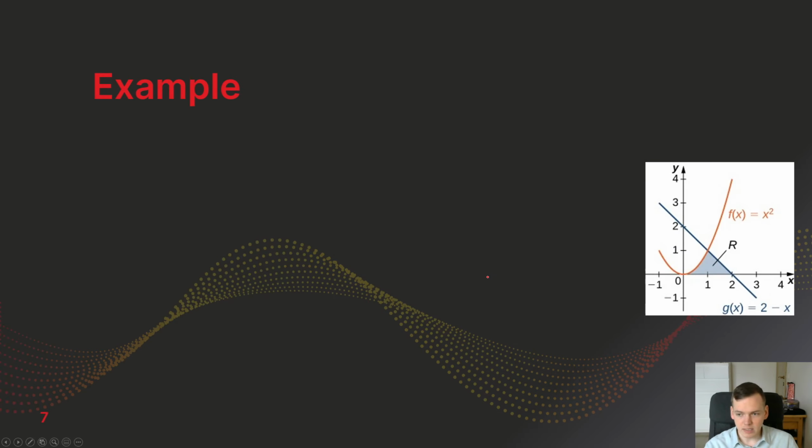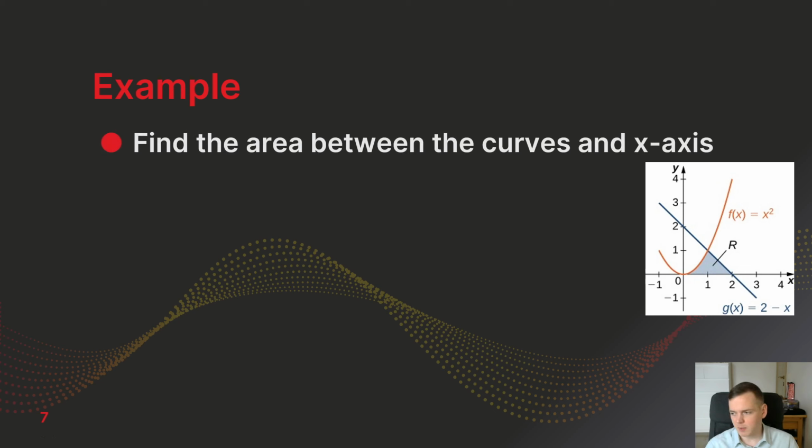So let's look at an example for this. Find the area between these curves and the x-axis. If we want to integrate with respect to y, that means we're going to need to define these in terms of y. So f of x equals x squared implies that we can write a function f of y equal to the square root of y.